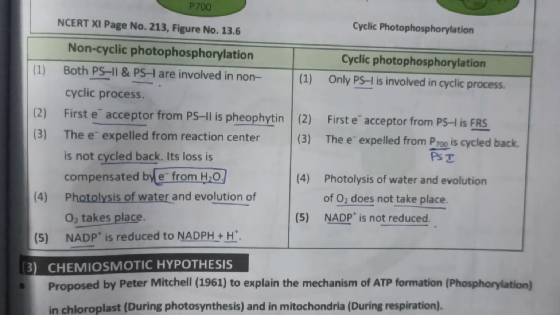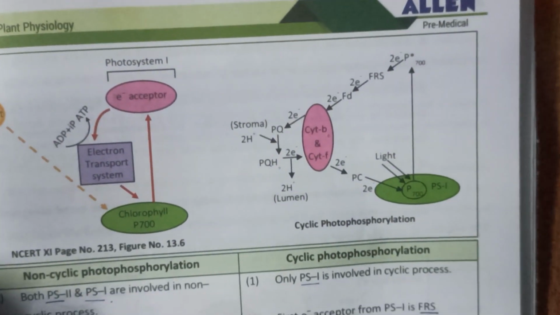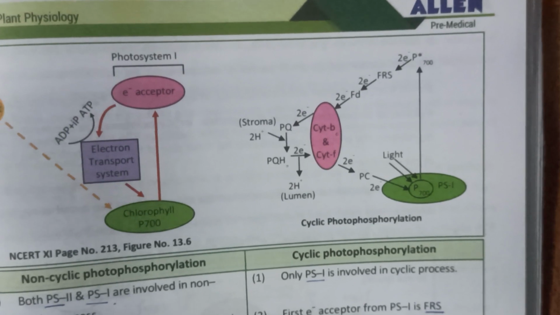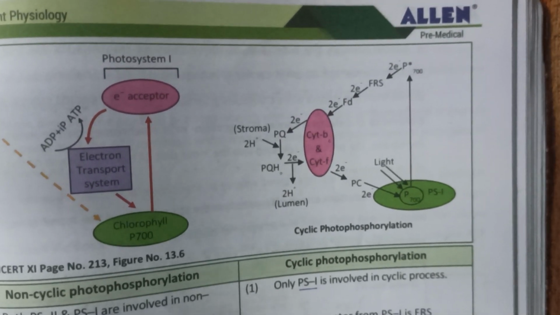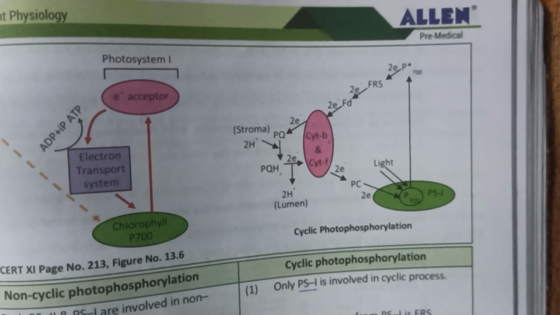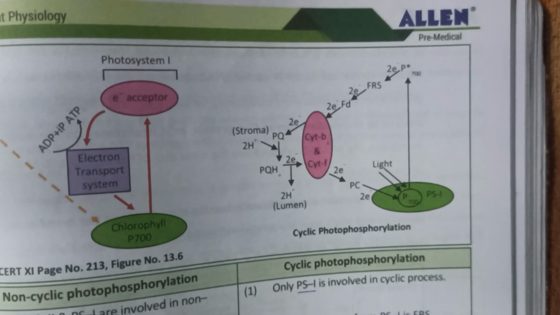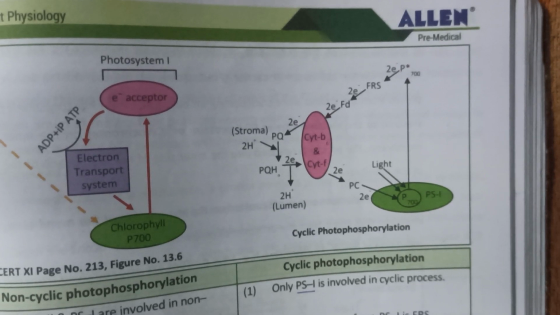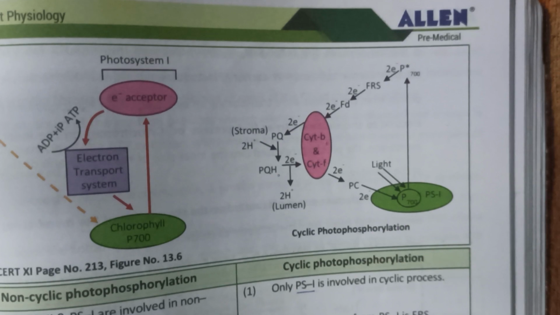So this completes the cyclic and non-cyclic photophosphorylation. This is the first and foremost step in the process of photosynthesis, otherwise called the light reaction. Both cyclic and non-cyclic occur inside the chloroplast. But non-cyclic occurs in the thylakoids, while cyclic occurs in the stroma lamella, because the stroma lamella has photosystem 1 only, but the thylakoid has both photosystem 1 and 2.